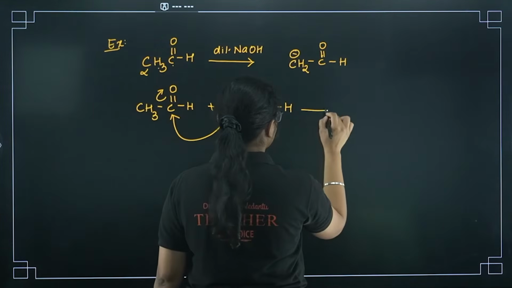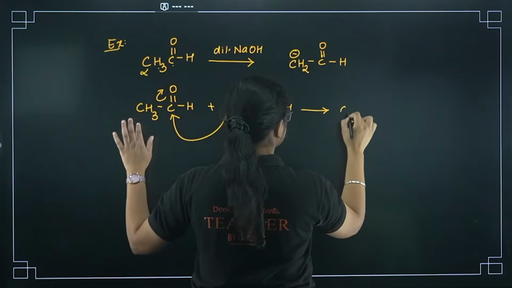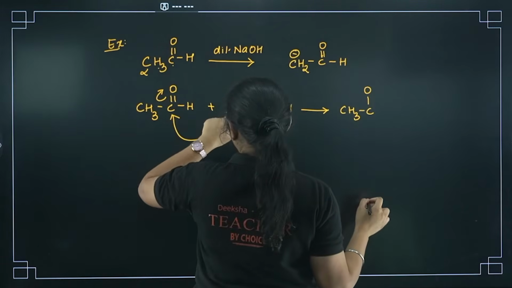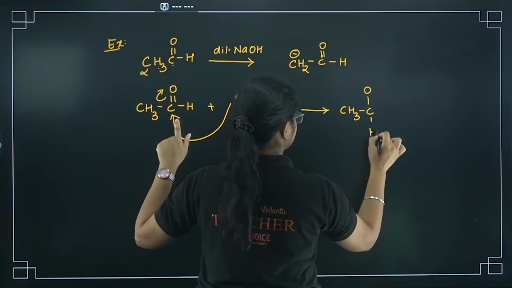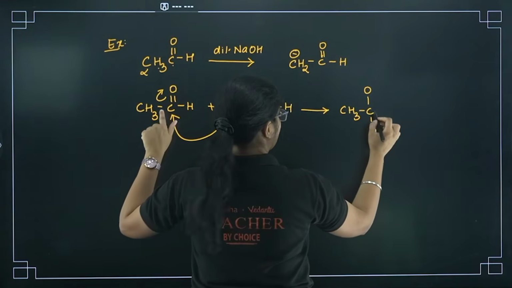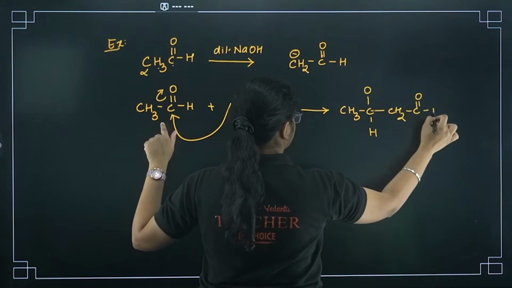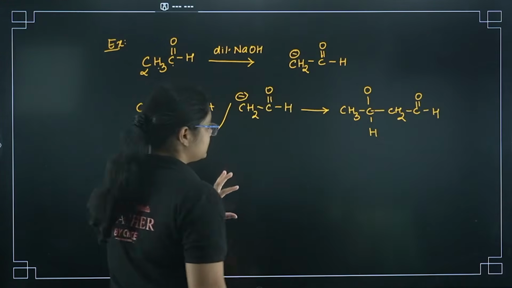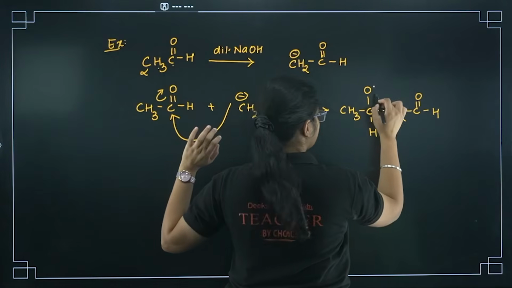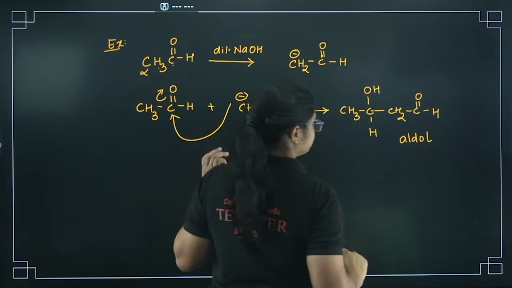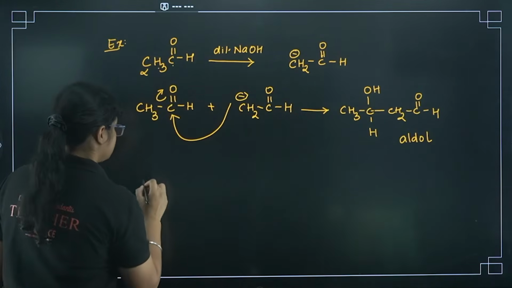So what I will get here is CH3CH, with the O minus, and then this carbon is attacking here, so this one will be joined here, CH2CHO. Now after this, the O minus is formed, then it will get converted to OH, and this product is called aldol.